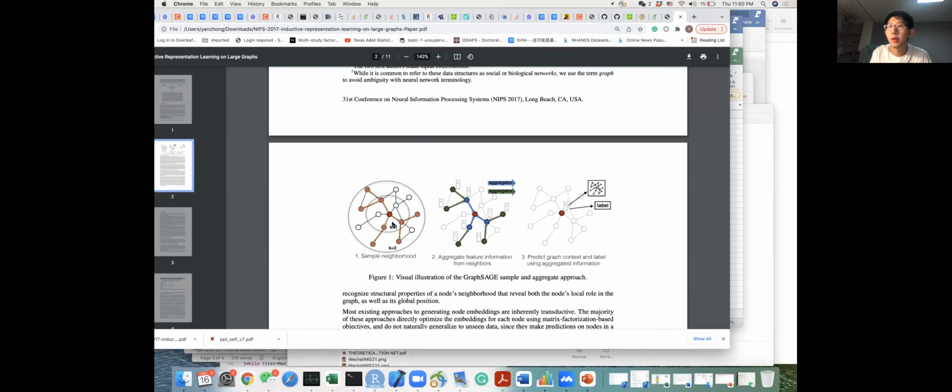In this paper he said it is enough to sample the two-step neighborhoods. He also tried k equal to 3 or 4, the three-step neighborhoods, but I think that is too far away and does not contribute much to the model. So he just used k equal to 1 and 2.